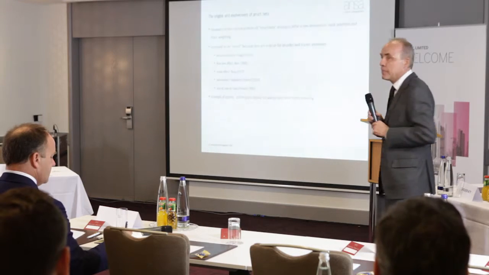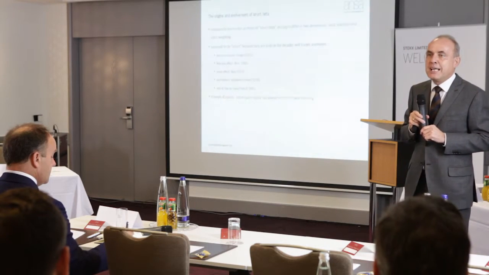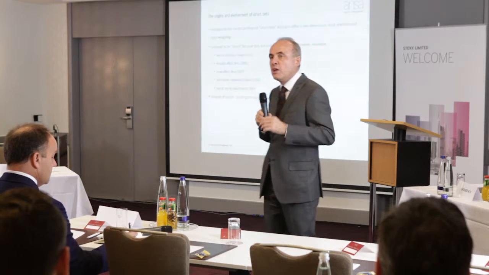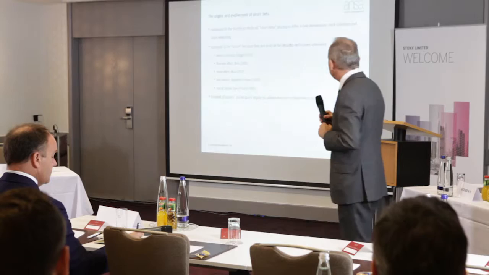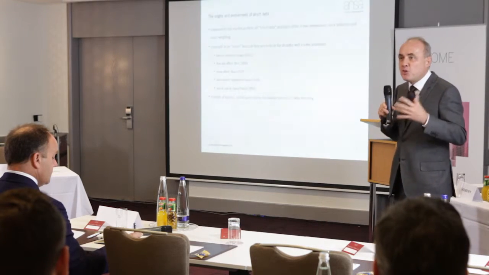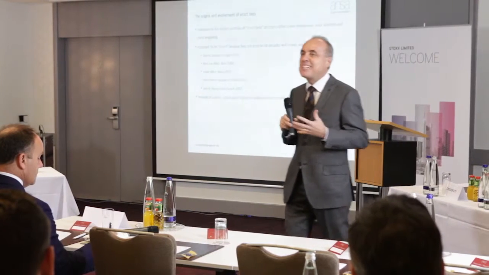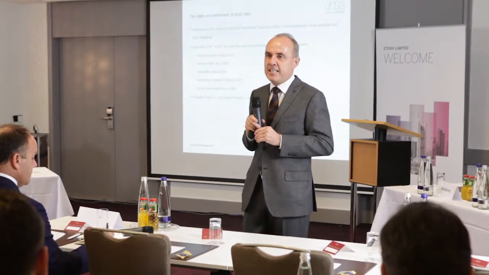Banz, in 1981, published his paper about the firm size effect, Basu about the value effect, and Jegadeesh and Titman in 93 about the momentum effect. And of course, what really changed the landscape for quants was the paper by Fama and French in 92. So all that we are talking about today has been out there for decades.